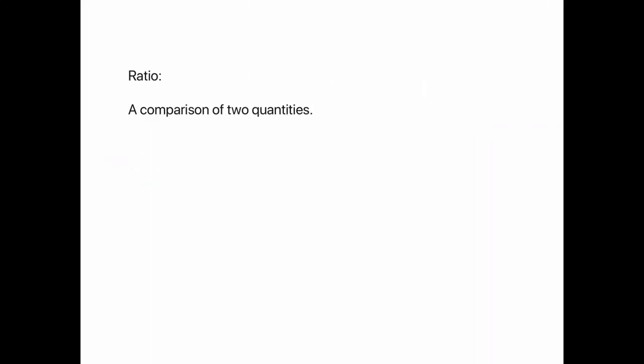Here's some of the vocabulary and important ideas you need to cover today, and this should all be in your notes. We're going to cover ratios, which is just a comparison of two quantities. So if I wanted to compare your age to my age, let's say you were 16 years old, I could write this a couple of different ways as a ratio.